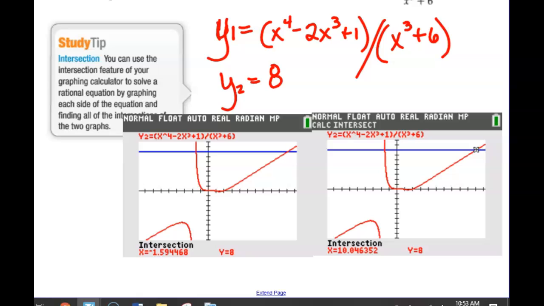They were x equals negative 1.594 and 10.046 if I went 3 places. Oh my goodness, that was a bad idea. I'll just leave it a comma, okay? Just going to try to make it an and symbol. Yes.